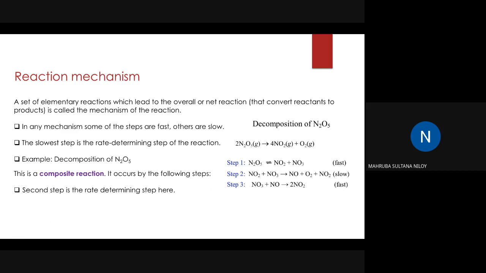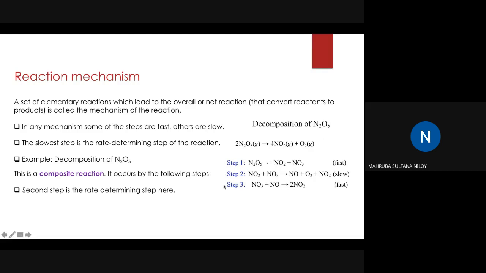in a chemical reaction, there are certain steps or procedures by which this reaction happens, and this we call the reaction mechanism. Okay. So in a chemical reaction, a set of elementary reactions occur, right? For example, here you can see a set of chemical reactions, and this is the overall reaction.